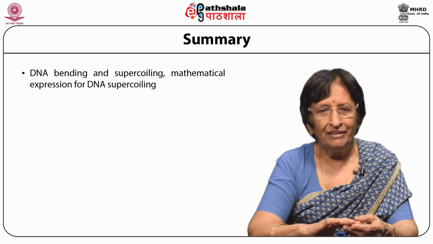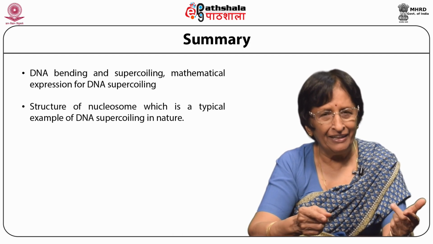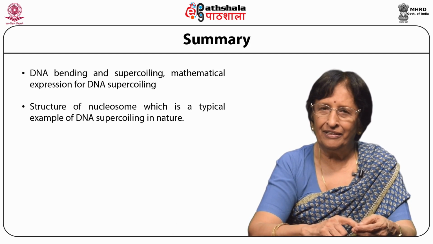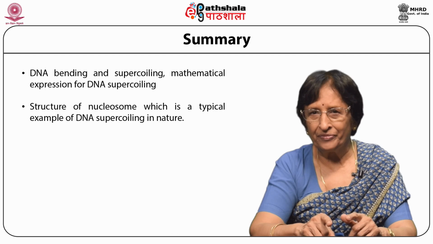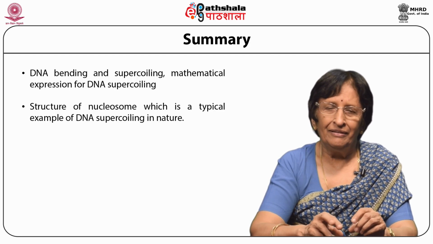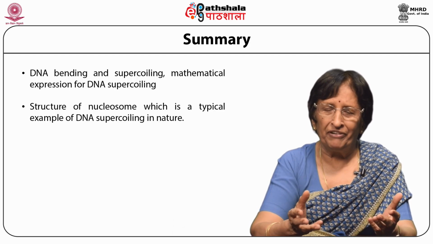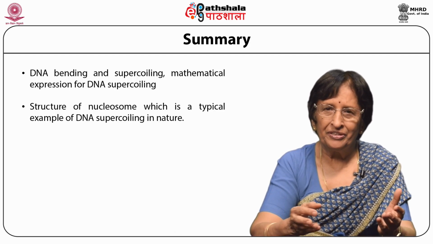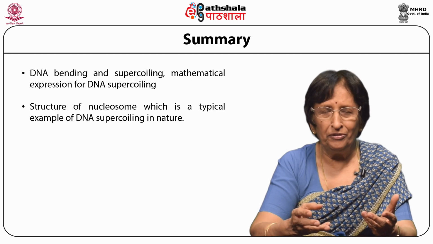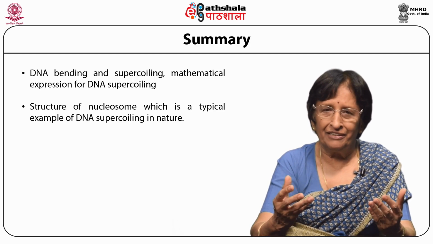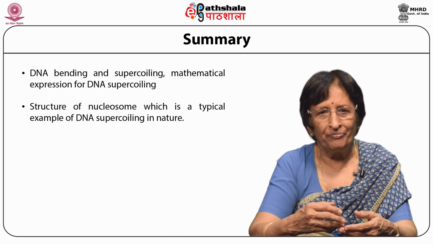Then we have seen a practical example of DNA supercoiling in the case of nucleosome. This is a typical way by which the DNA molecule is compacted and then it can fit into the chromosome.